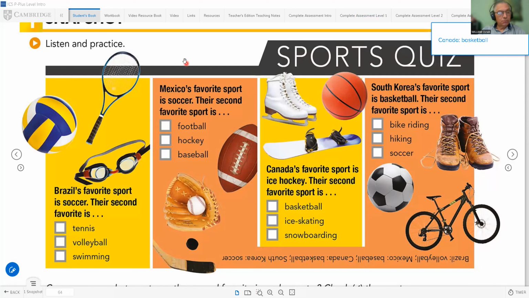Mexico's favorite sport is soccer. Their second favorite sport is... very good.